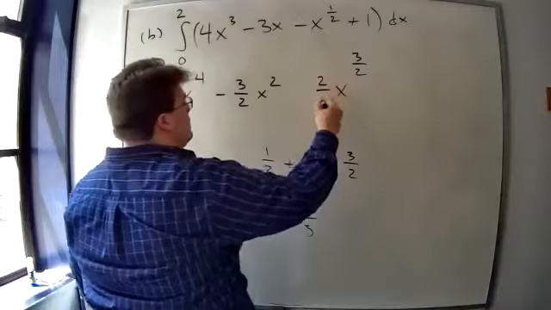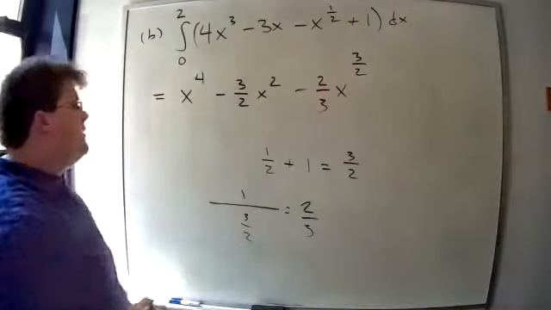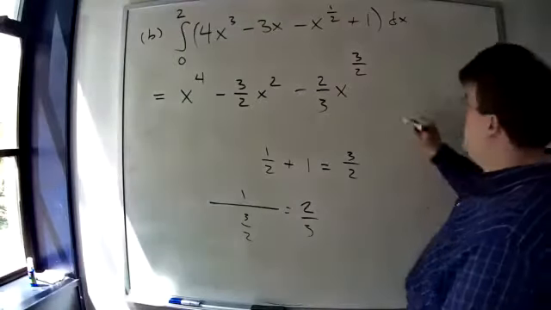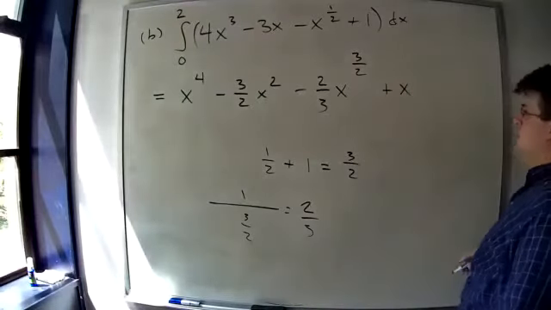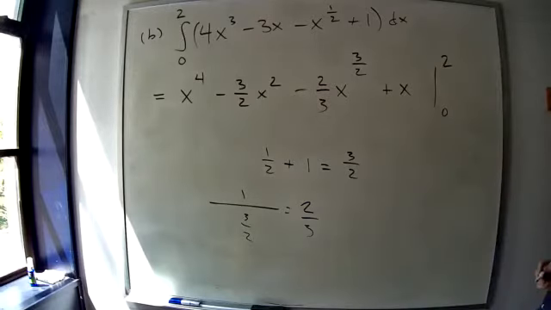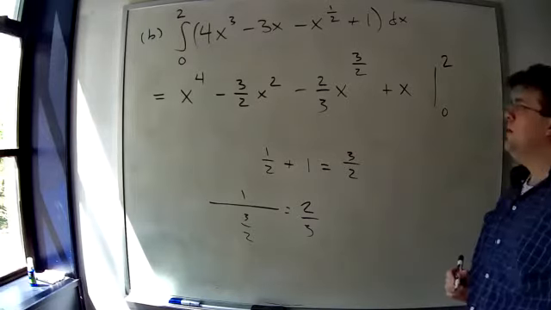So we have 2/3 and a negative. And for this one, we have the constant rule. The derivative of x is 1. We're evaluating here from 0 to 2.